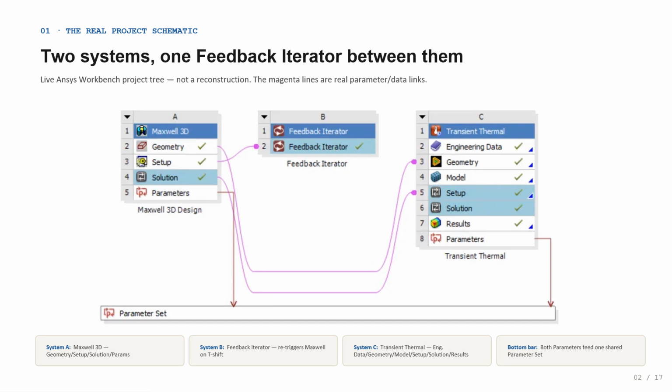That shared bar is what lets us track quantities, like the ohmic loss and the maximum temperature, side by side from a single project, across as many design points as we want to run. Everything else in this presentation is really just an explanation of what flows through those magenta lines and when.